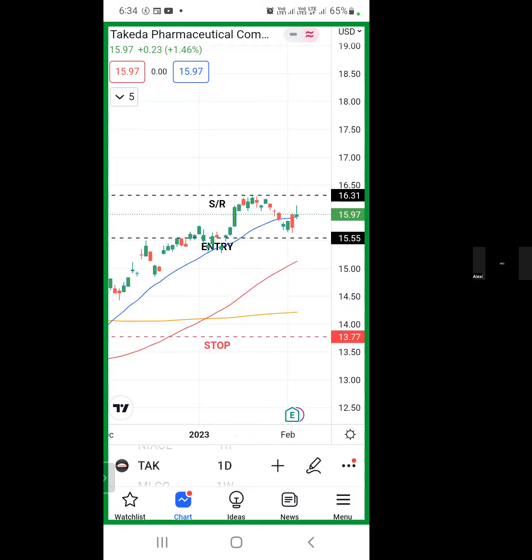It goes up from my entry all the way to the support resistance line, that SR line, okay, which is a resistance, obviously. And it got pushed down and then found support above my entry, actually found support about at the 20-day moving average, that blue line there. Okay. So, and it seems to be moving up.